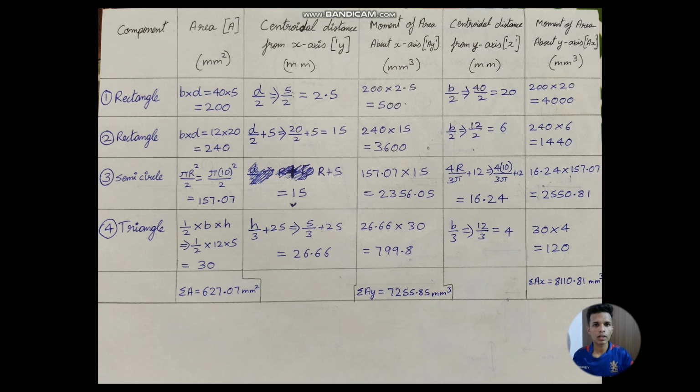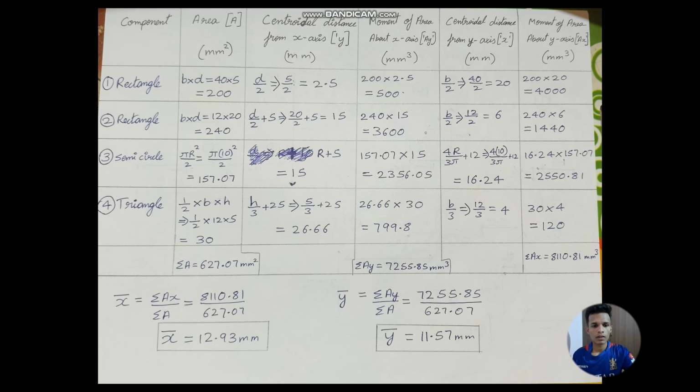Now we move on to the last part of the question, which is finding out the x bar and y bar, which is nothing but the centroidal distance from x-axis and y-axis of the given asymmetrical figure. So yeah, x bar's formula is sum of ax by sum of a, which is nothing but 8110.81 divided by 627.07.